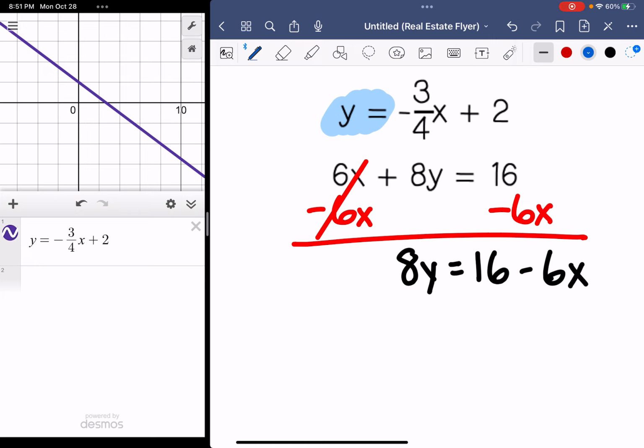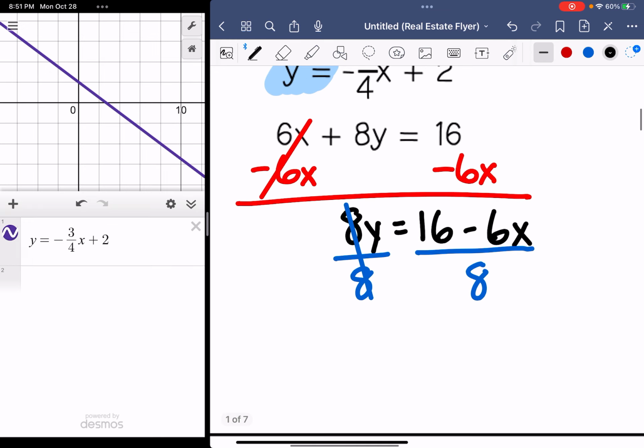Second step is to divide, so I'm going to divide both sides by whatever is in front of y. In this case, 8. Divide both sides by that 8, and I'm ready to put this into Desmos. I'm left with y equals (16 minus 6x) over 8.